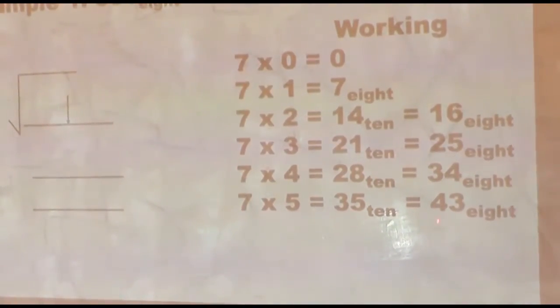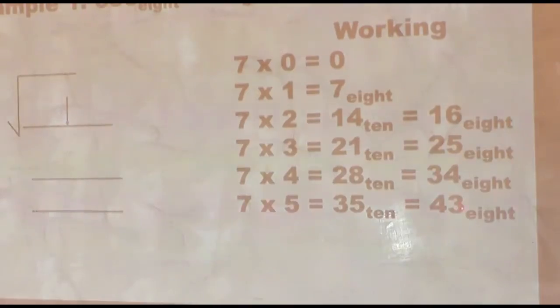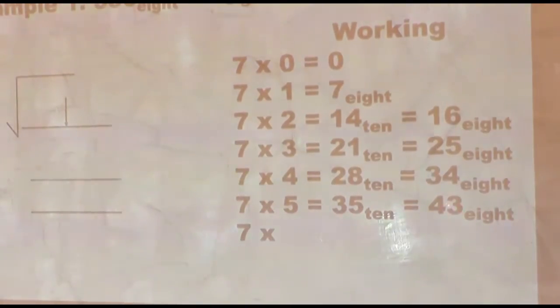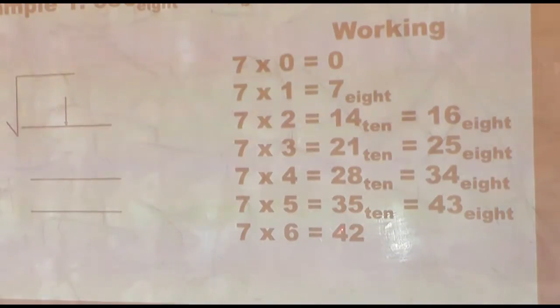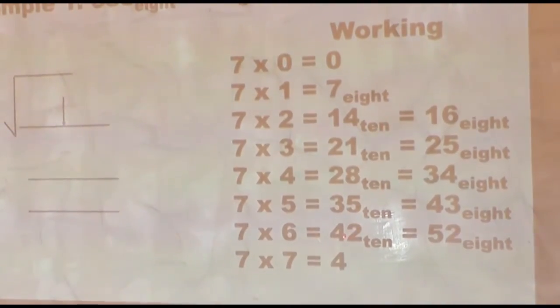We'll find 4 groups of 8 in 35 with a remainder of 3. Also, 7 times 6 will equal 42 in base 10, so how many groups of 8 can we find in 42?